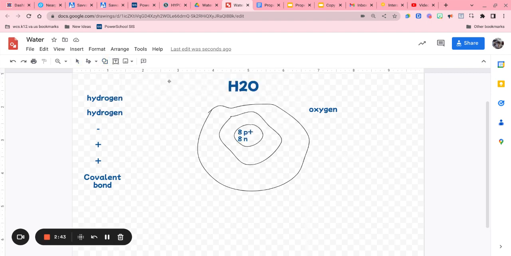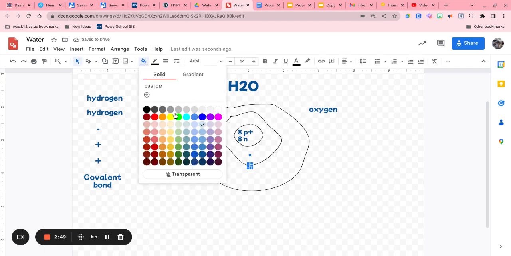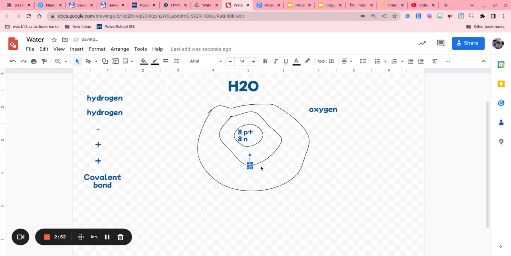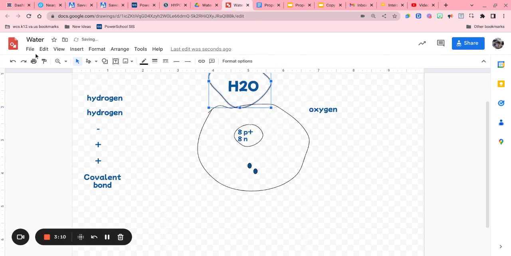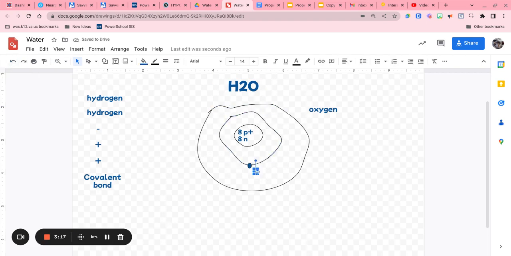So there's 1 electron and there's my second electron.